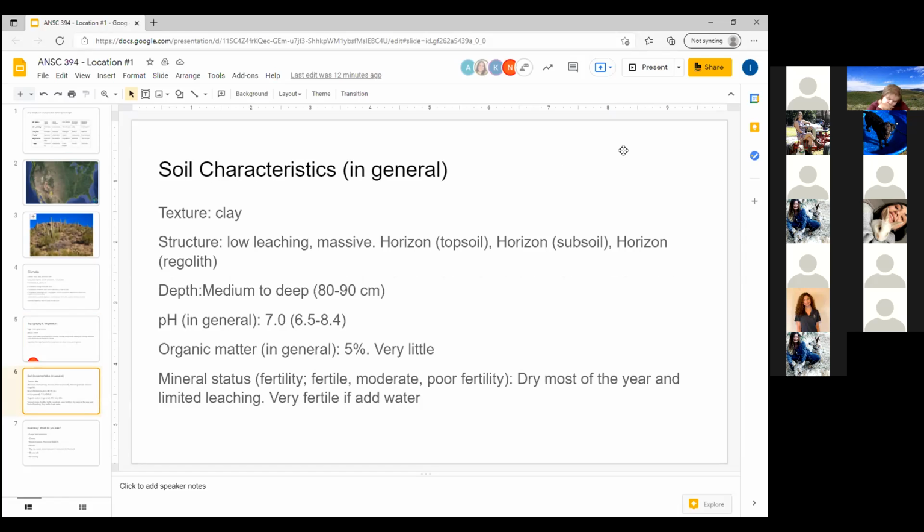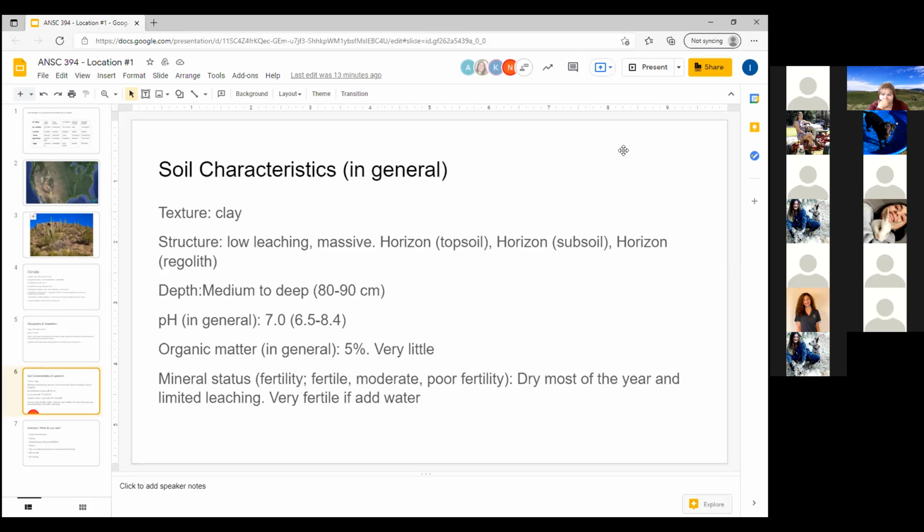And then for the soil characteristics, the overall texture was determined to be clay. The structure was low leaching, massive. The horizons were topsoil, subsoil, and regolith. I think that's how you pronounce it. The depth was determined to be medium to deep, about 80 to 90 centimeters.